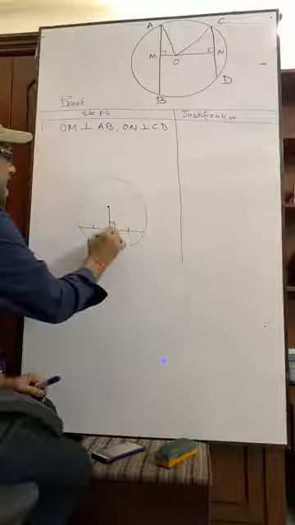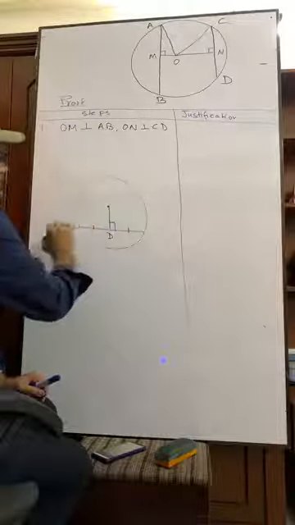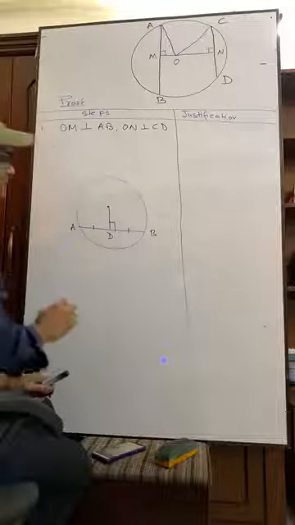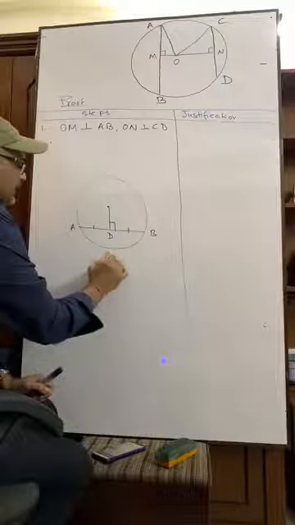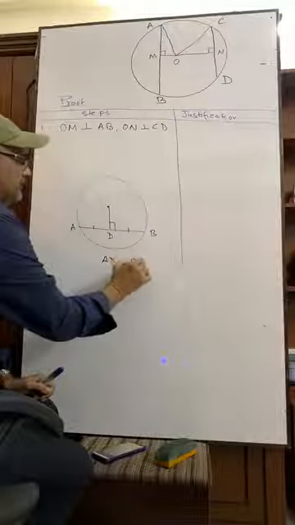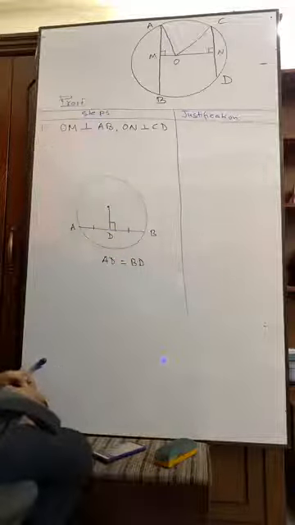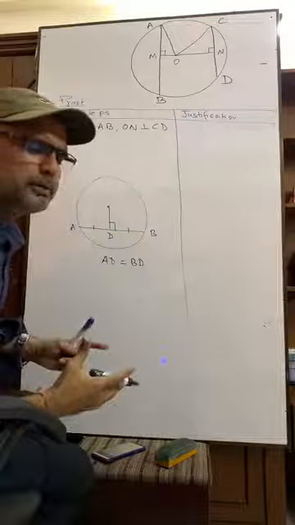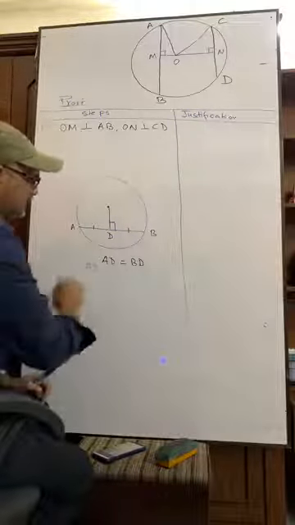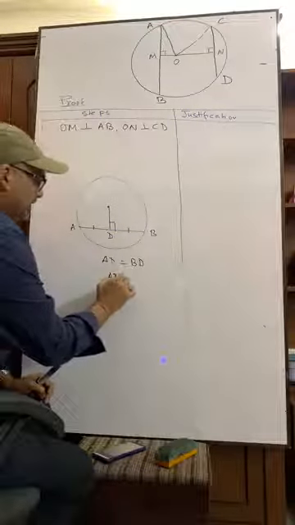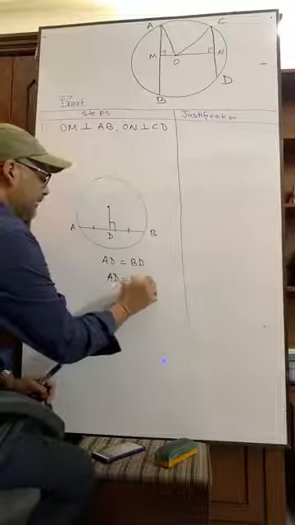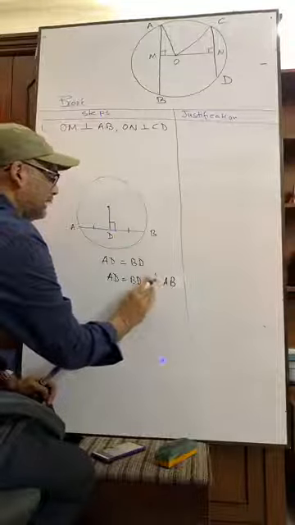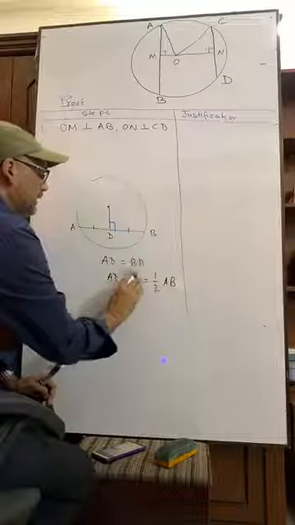Suppose it is D, it is A, and it is B. If it is perpendicular, that means AD equals BD. This is the formula. So any of them is half the whole, AD equals BD equals half of AB.